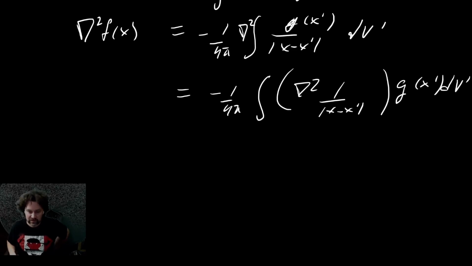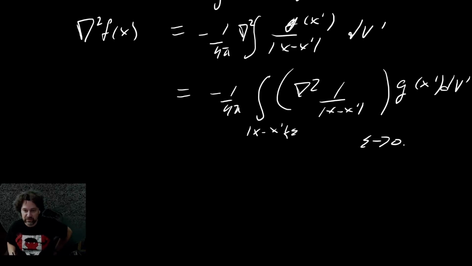Now we've also found that this is 0 everywhere that x is not equal to x prime. So we can restrict our volume to a little itty bitty region, |x minus x prime| less than epsilon, where epsilon goes to 0.